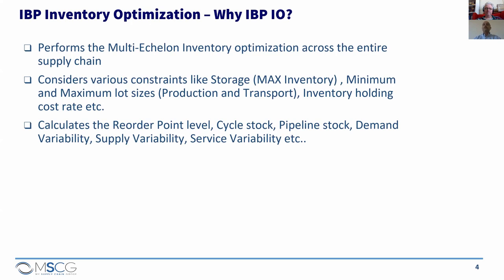But with that, we have very few inputs, like your future demand and target fill of supplies, and based on that we calculate safety stock. So it's a very simple algorithm. But if you look at the IBP inventory optimizer, we have multiple inputs going into it. I see demand variability and supply variability or service variability.